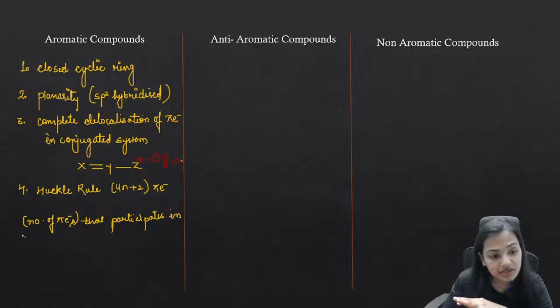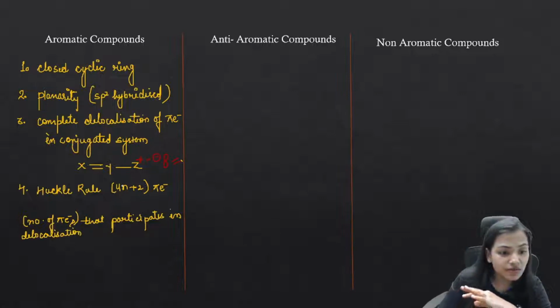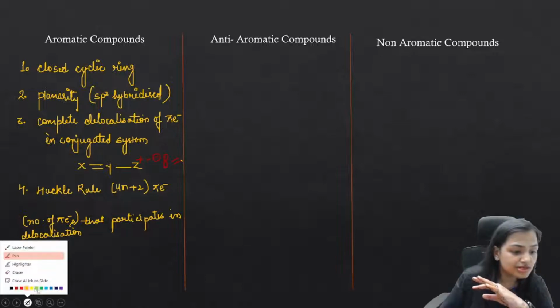This is the point that we need to understand. And 4n plus 2 pi electrons is true for the value of n equal to 0.